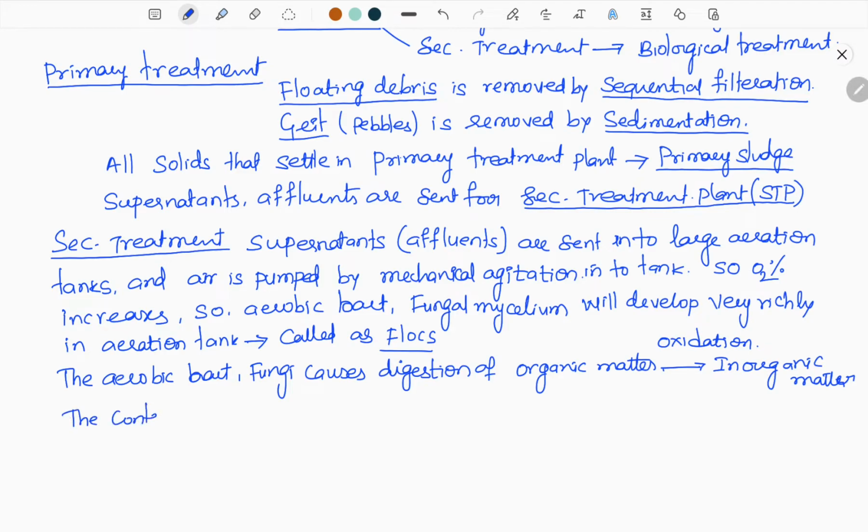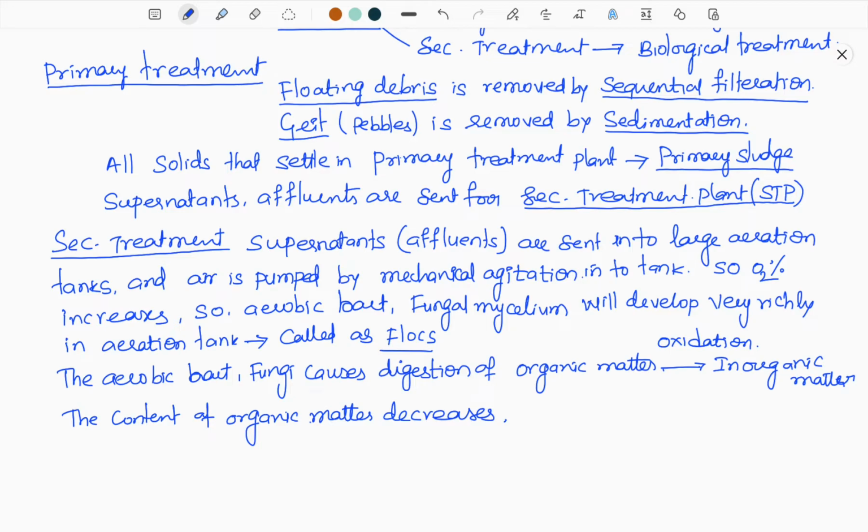The next step is that the content of organic matter decreases. After organic matter decreases, the demand for oxygen also decreases, because when there is a lot of organic matter to be digested, that requires more oxygen.